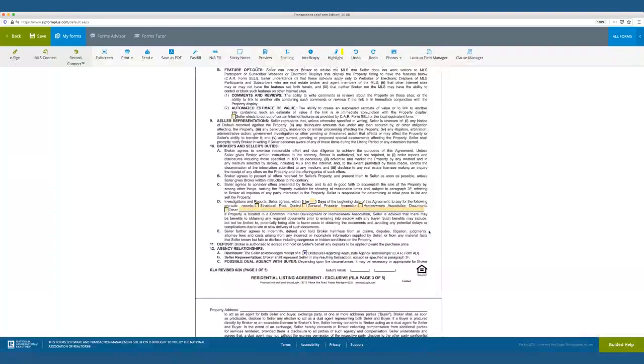Once again, when it says structural pest control, it's common practice a lot that the buyer asks for the seller to do a termite report in the RPA, and I have to say it right here again.